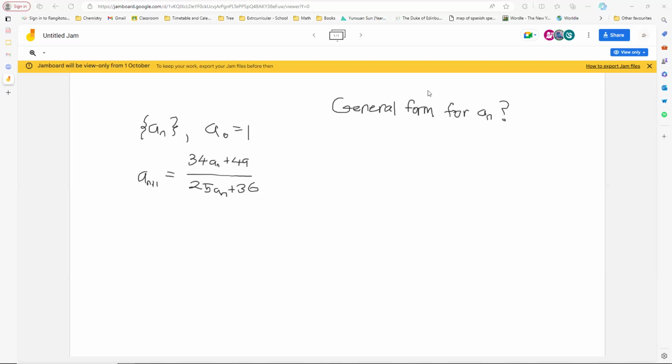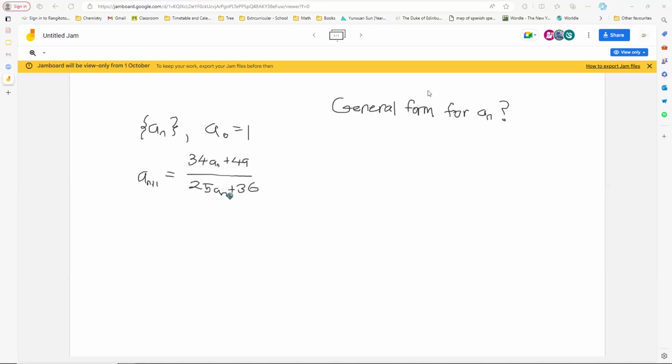Okay, how we're going to do this: if you look at our numerator and our denominator, I don't really like how there are two a_n's split across. I'm going to try to get it so that there's only one term in which a_n appears.